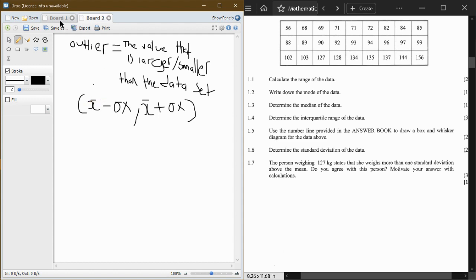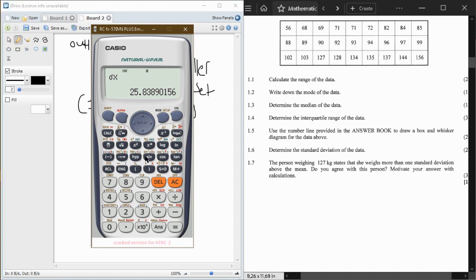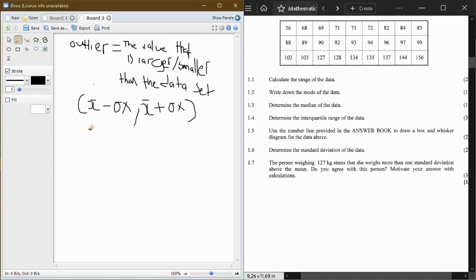If you remember, what did we get as our mean? We got our mean as 98,59. For the outlier we need two numbers. Since the person says above the mean, we focus on this number set.